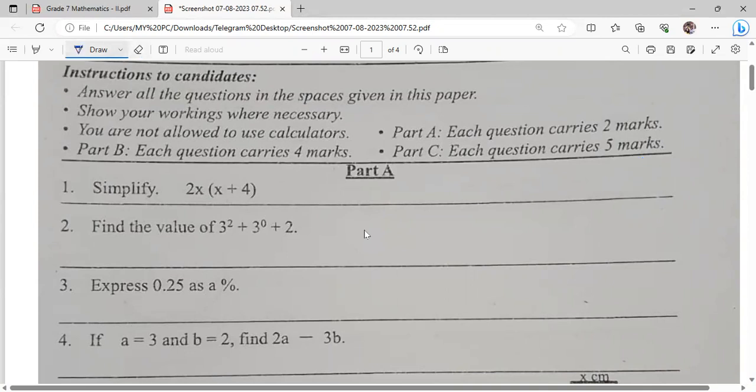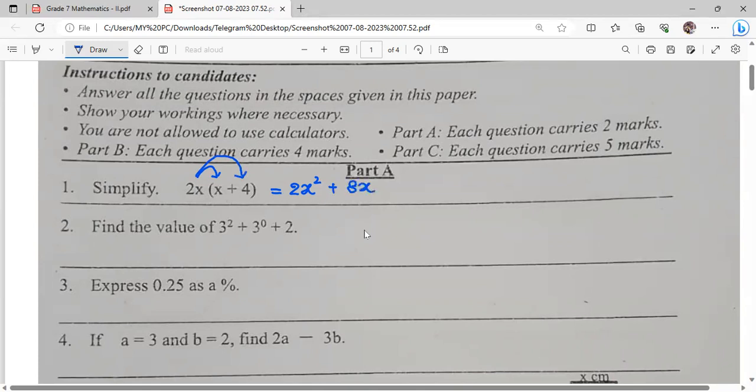Here you have 2x times x. So how do you get the answer? It is 2x squared. So I write here, straight away you can get the answer 2x squared. Then I have 2x times 4. It is 8x.